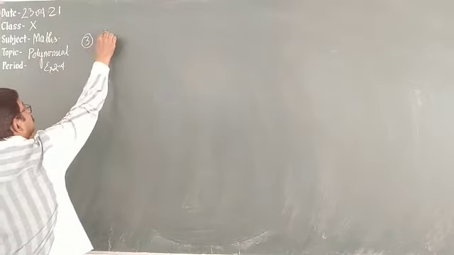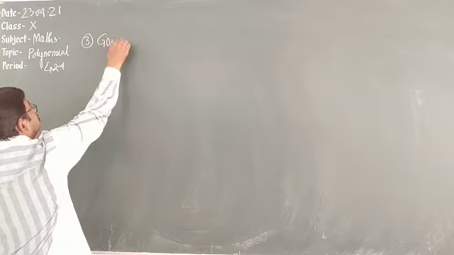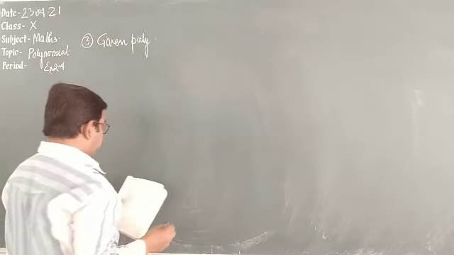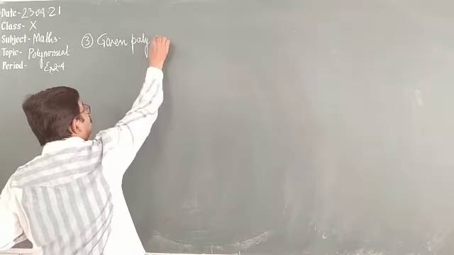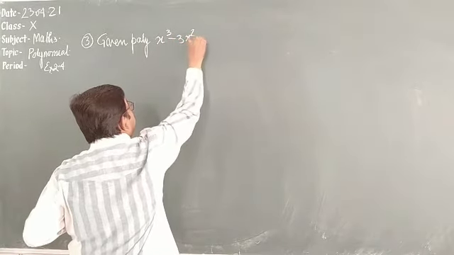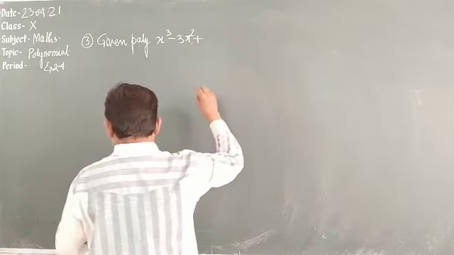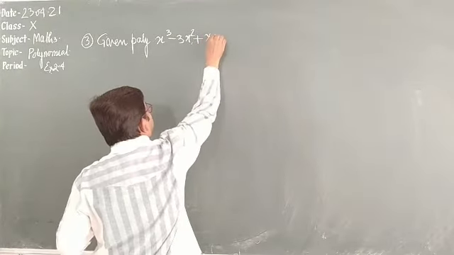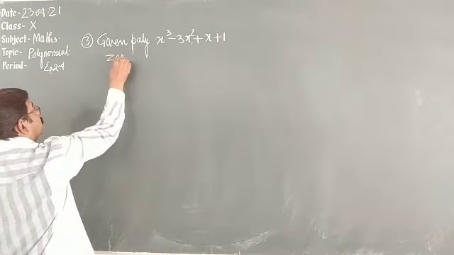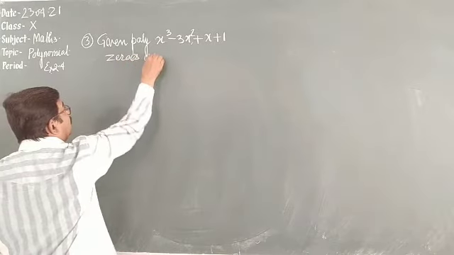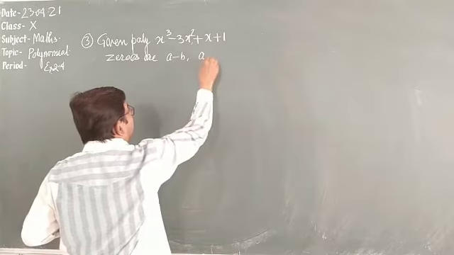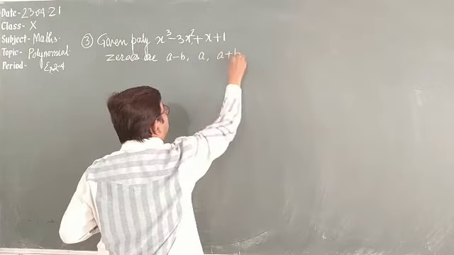Third question. See, given polynomial is x cube minus 3x square plus x plus 1. Zeros are a minus b, a and a plus b.